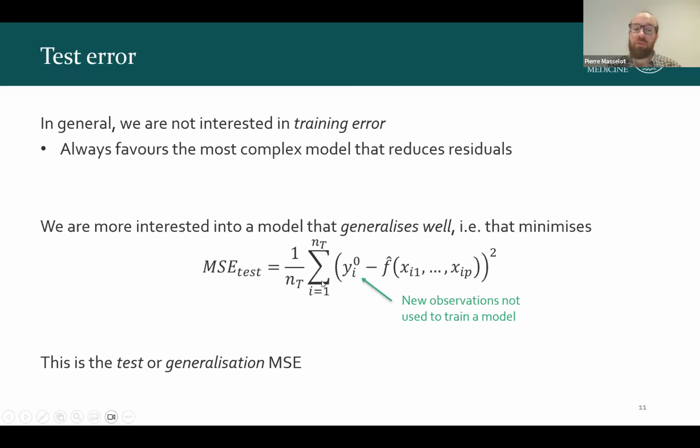So what you want to measure at the end of the day is a model that makes good predictions, not on the data that you used to fit it, but on new data that will come later in the model's life. We call this MSE the test or generalization MSE.